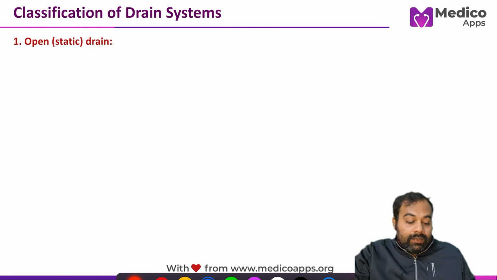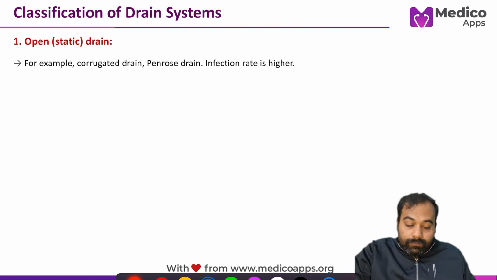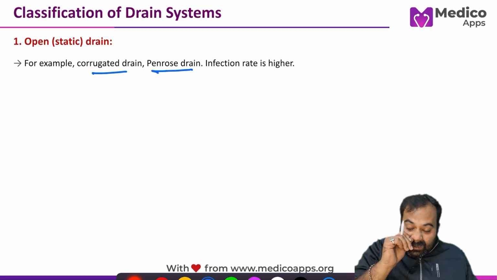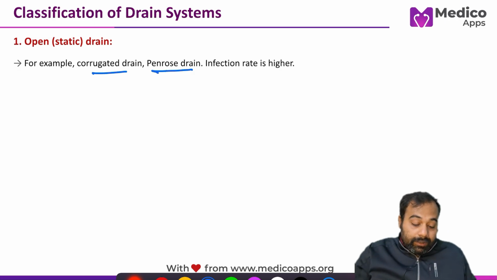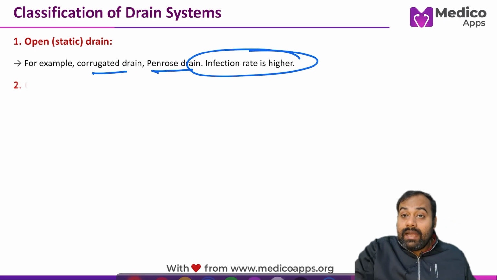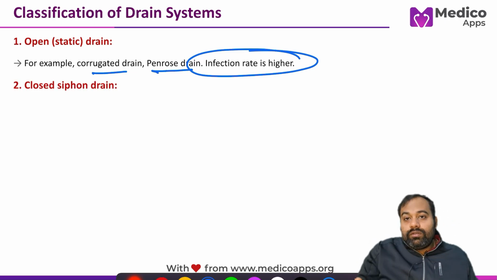So, the simple classification of the drain system: obviously we have the open drain. Open drain examples are the corrugated drain or the Penrose drain. It is basically a tube drain, but it is an open drain. It is associated with a higher infection rate, but in case of closed drain, it is not seen.